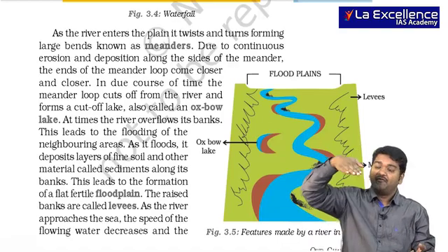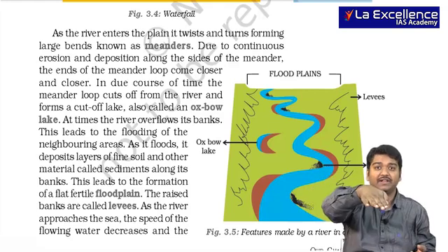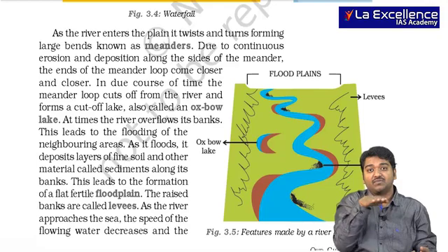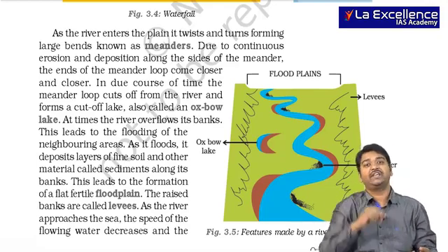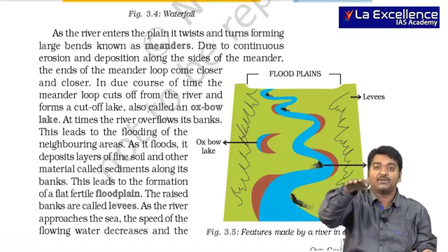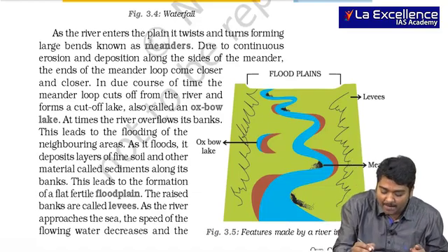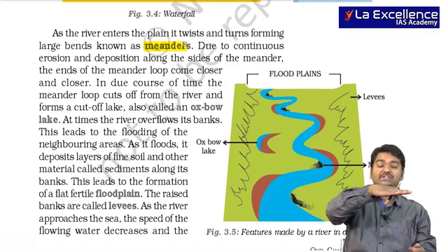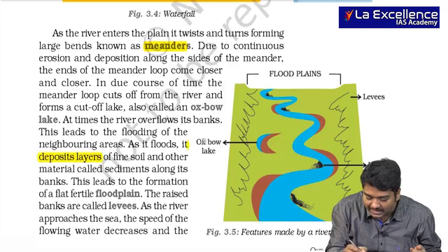Here we see whenever the river moves on a steep surface, it carries the material along with it. But when it is moving on a gentle surface, it is moving slowly. And because of the slow movement, deposition takes place. So the slow, wavy movement of the river on a gentle slope is called meanders. And whenever the meander moves in this fashion, sometimes some portions are left.